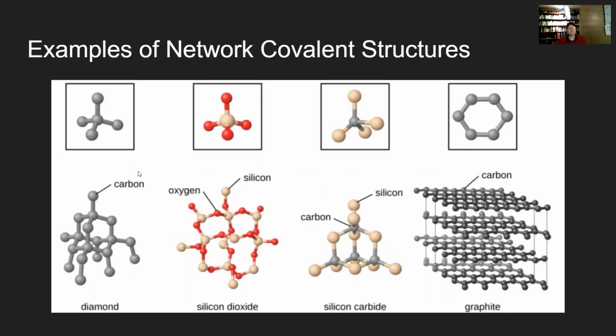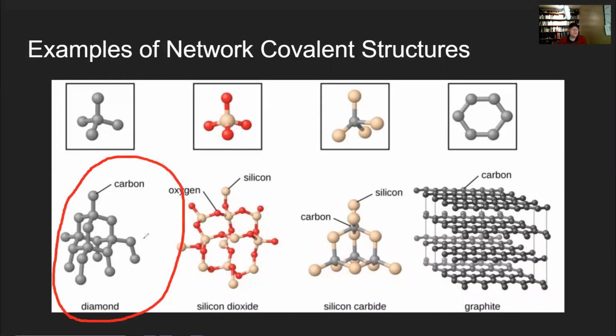Network covalent structures. Network covalent structures are consistent, repeated patterns that are all connected by covalent bonds. So really, let's start with the example of diamond here on the far left. Diamond is going to be carbon atoms that are tetrahedrally connected to each other consistently across the entire thing. So if you have one perfectly made diamond, that technically is one molecule.